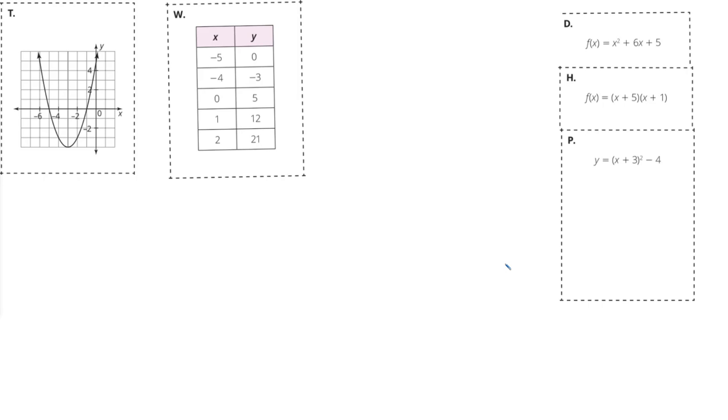Now we have another parabola. This time our vertex is at -3 and -4. And if I look here, I'm like, okay, my rate of change is -3. Wait a minute, I skipped a lot for my x, so I can't check this next rate of change. Let's look at the next one.